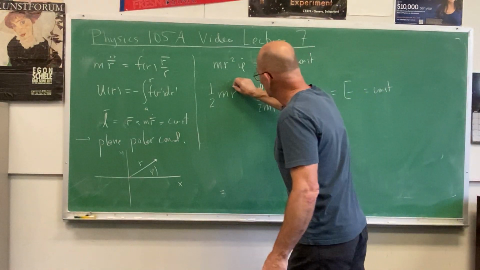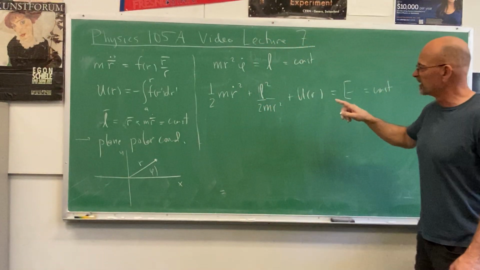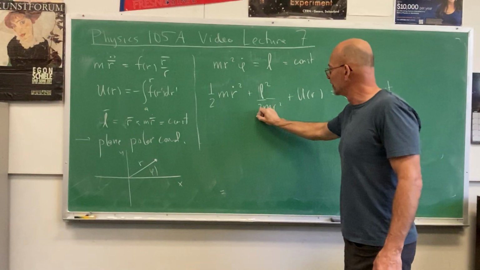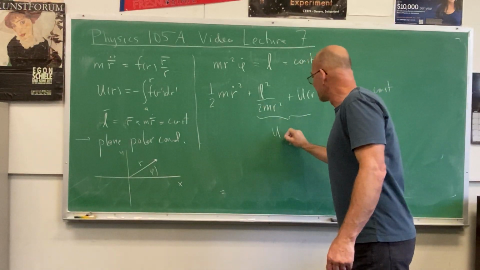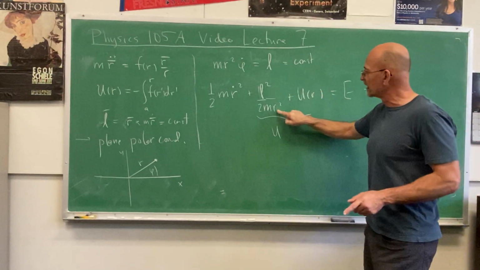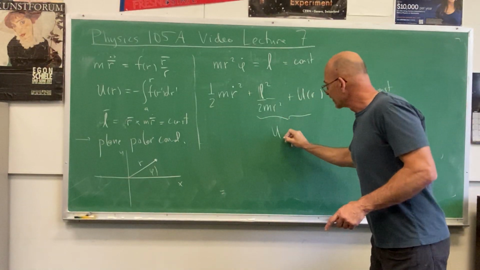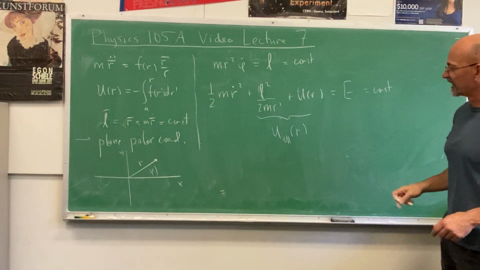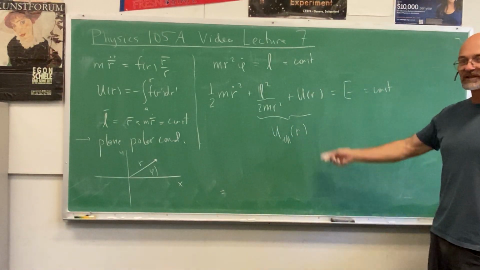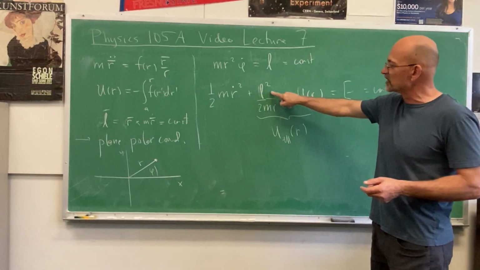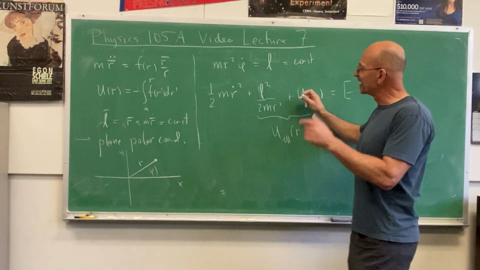But this one, we had already inserted this expression up here, so this had been reduced to a one-dimensional problem. It just has r here, it has r dot. So that's why you could define this effective potential. It just means it looks like a one-dimensional problem. This still comes from the original kinetic energy, but that doesn't matter.